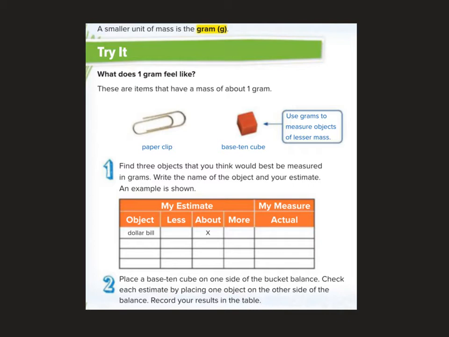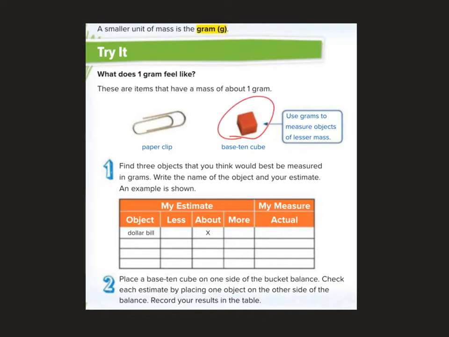A smaller unit of mass is the gram. A gram is about the weight of a paperclip. So you can see that is pretty light. It takes 1,000 paper clips, or 1,000 grams, to equal 1 kilogram. A base 10 cube, we use those at school some, is also very light.